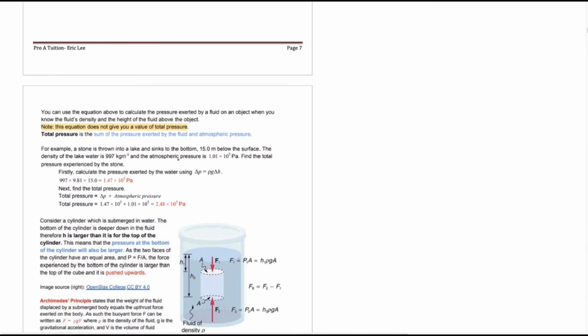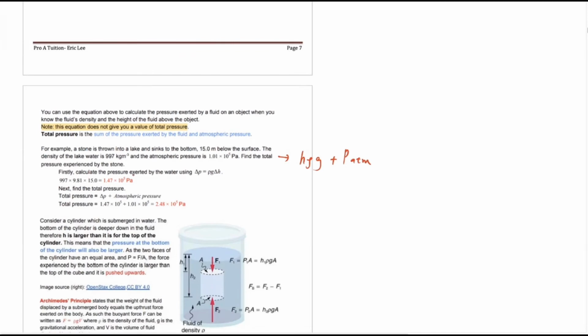So we need to consider the atmospheric pressure also to get the total pressure experienced by the stone. So that means total pressure is h rho g plus atmospheric pressure. That is the total pressure.